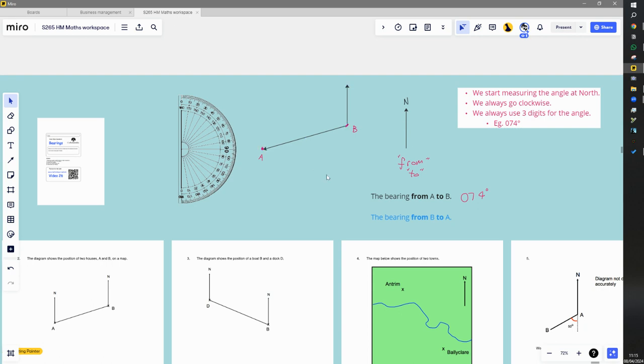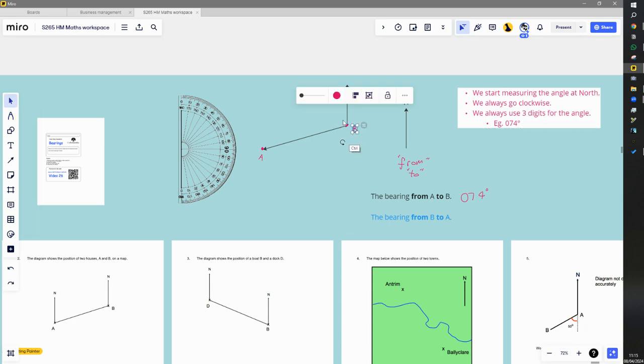And this is where we see the second bullet point in play, because we might be tempted to do that, but that would be going anti-clockwise. So we always want to be going clockwise, like I say.